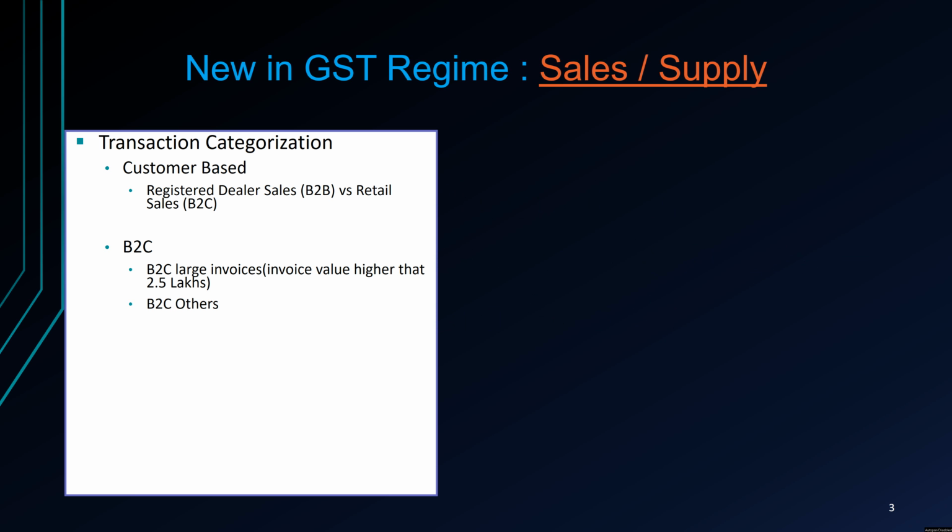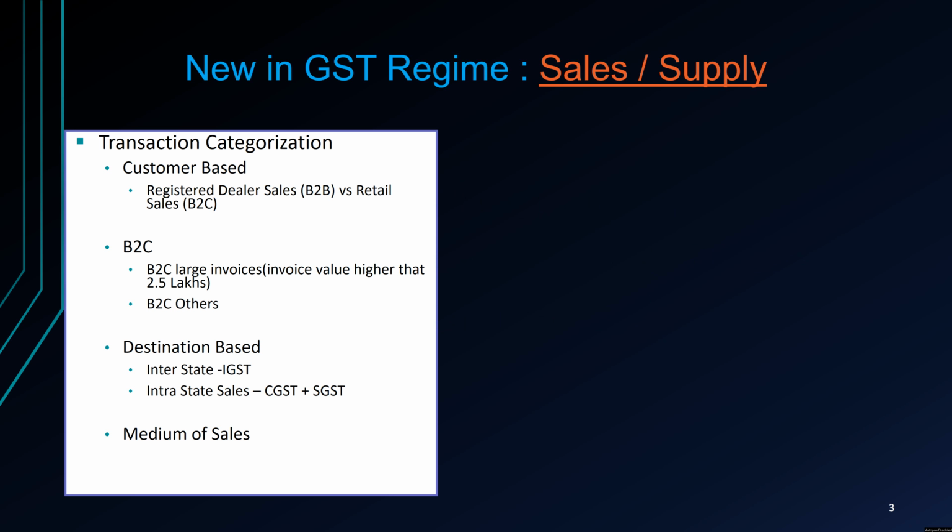Large is something where the transaction with the customer in interstate is more than 2.5 lakhs. So your customer transactions have to be classified based on the destination, basis which the respective tax of IGST or CGST SGST would be levied.